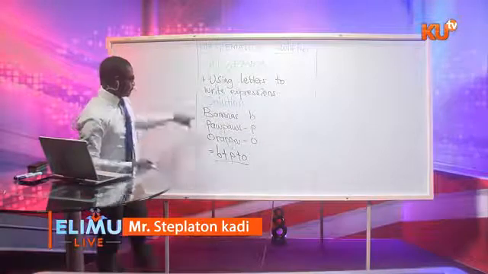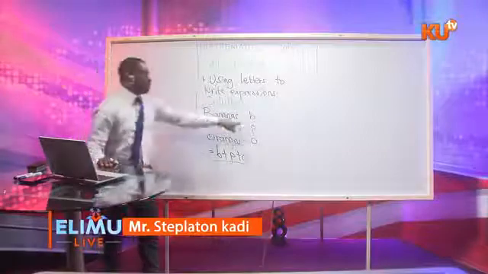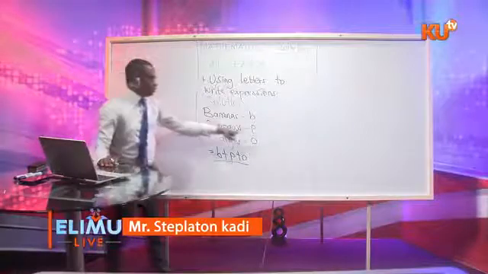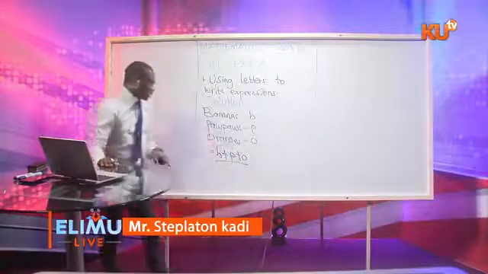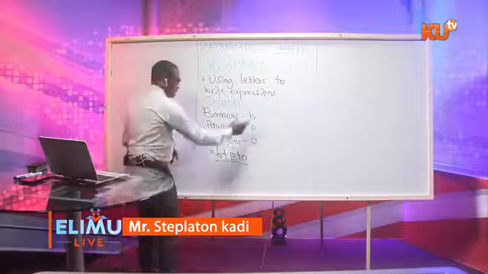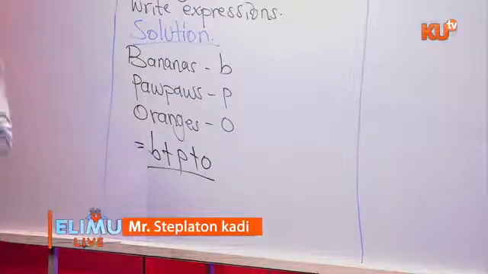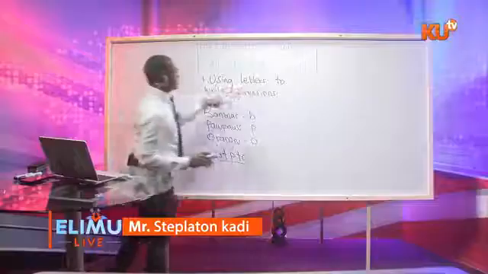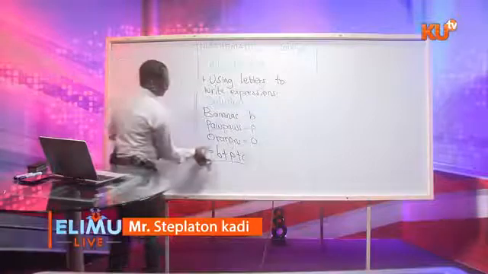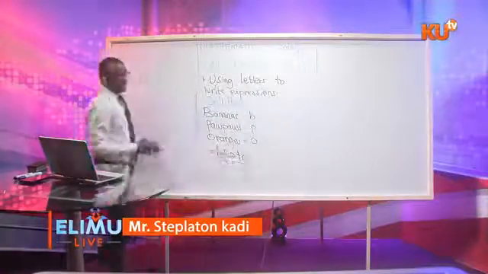Therefore, the total number of fruits that Otongolo bought was B plus P plus O. We leave the answer as that. That is how we use letters to write expressions. This is an expression representing the total number of fruits that were bought.